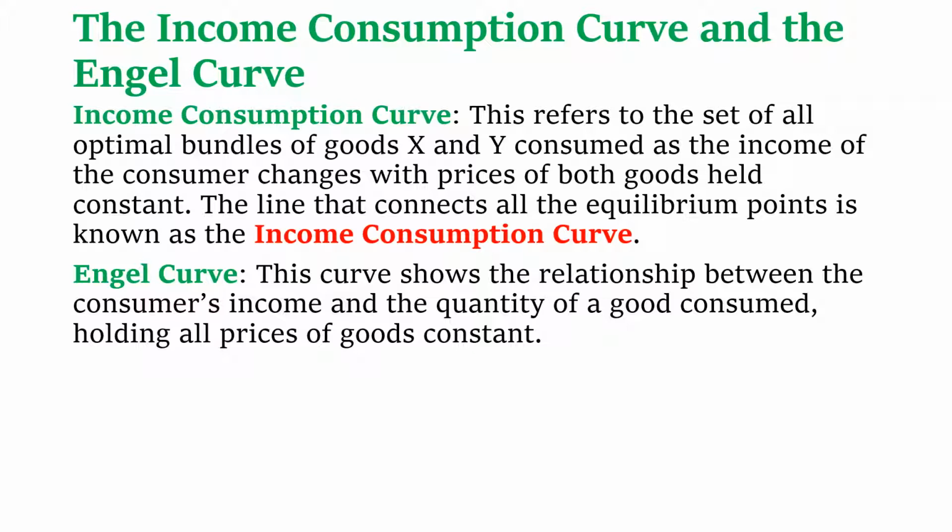This means that the price of the other good is held constant. So this is just a relationship between the income of the consumer and the demand of the good. Okay?